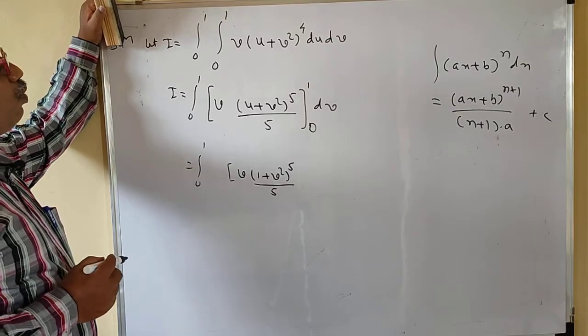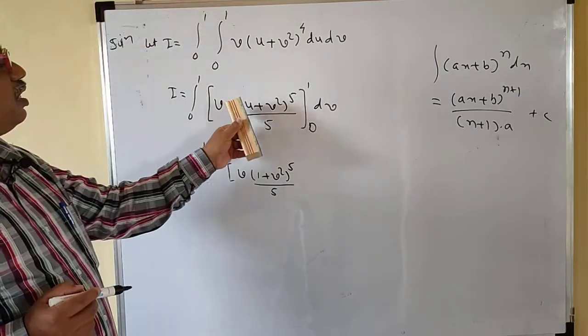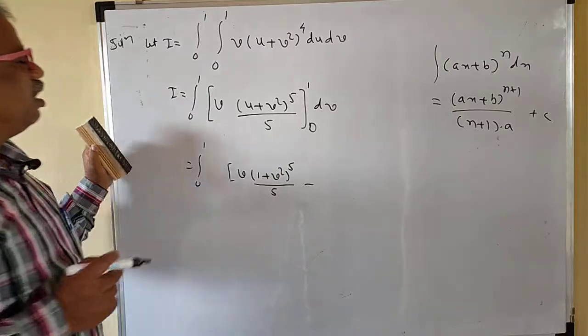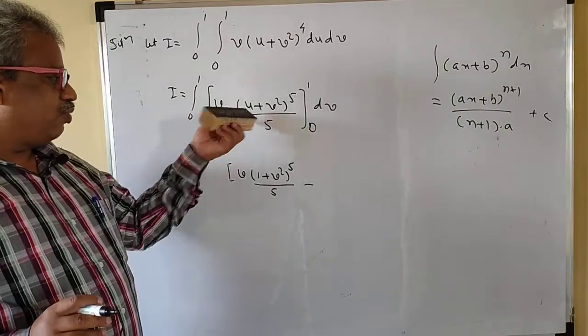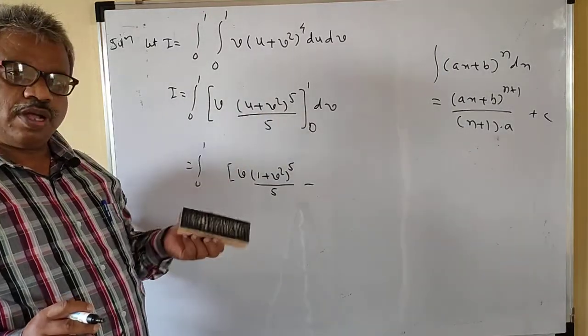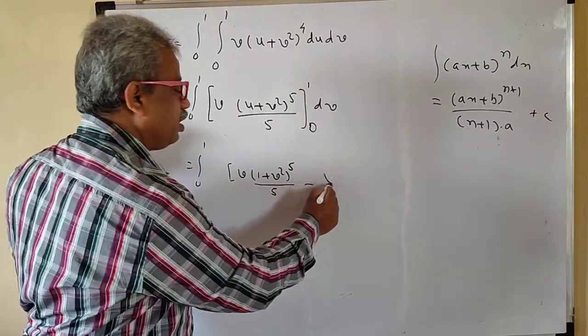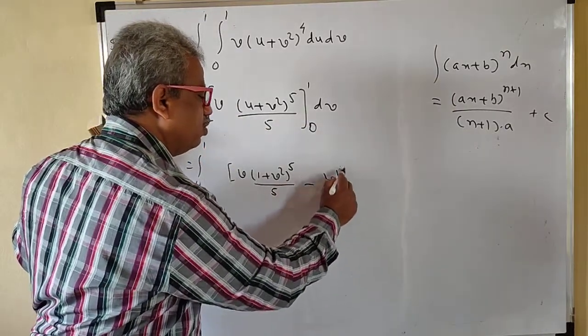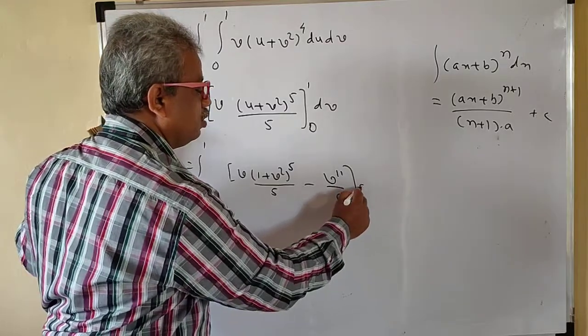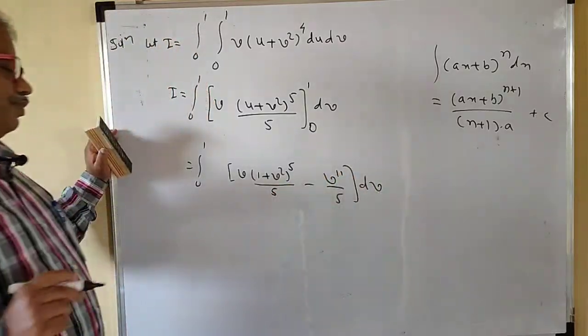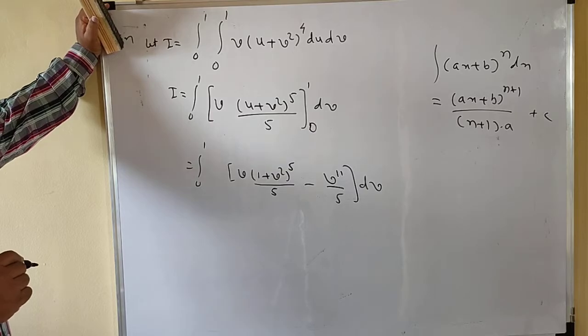Now we will put u is equal to 0. If you put u is equal to 0, this is the right hand minus, we are putting the lower limit term. Then v raised to 5 upon v square to the power 5 means v raised to 10, so v raised to 11 by 5. Now you have to integrate this dv.